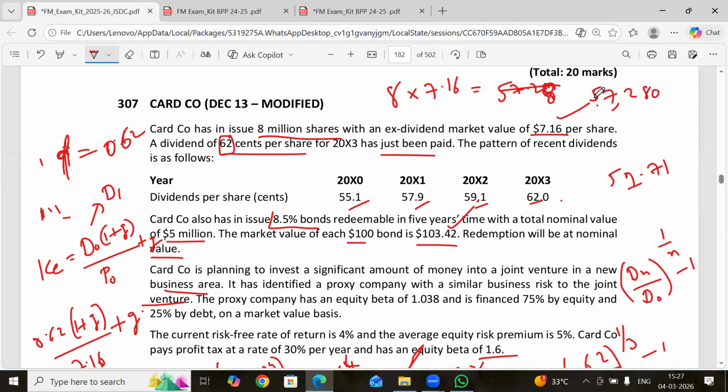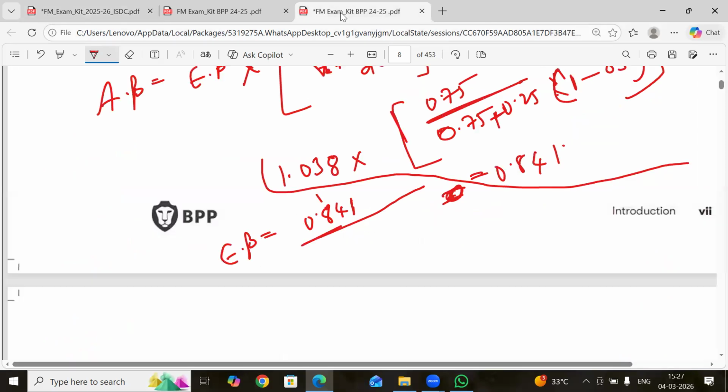So 8 million is 80 lakhs. So 57,280, 3 zeros omitted. This is your equity. Your debt, if you multiply 50,000 into 103.42, you get 51 lakhs 71,000. I remove 3 zeros, it is 5171. So I'll take all of this data.